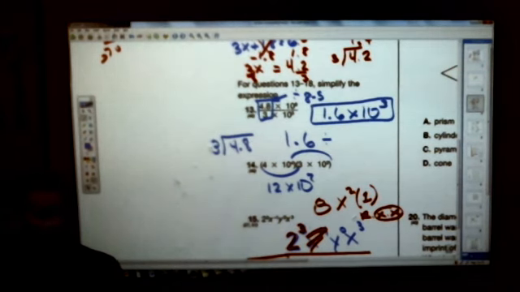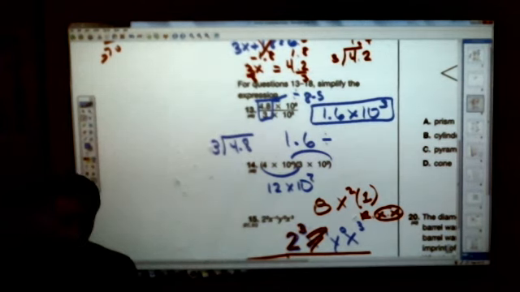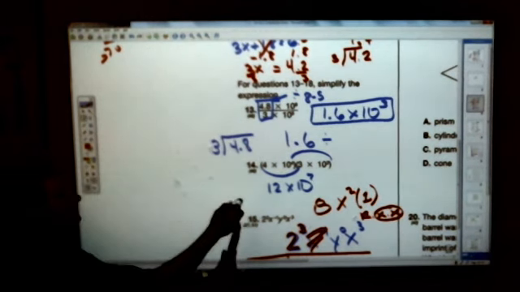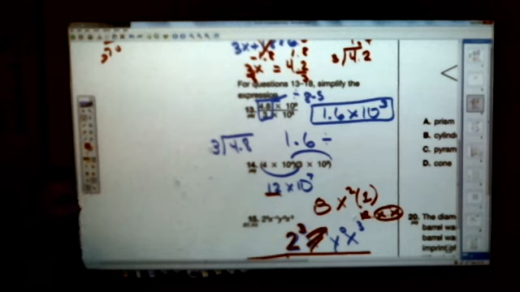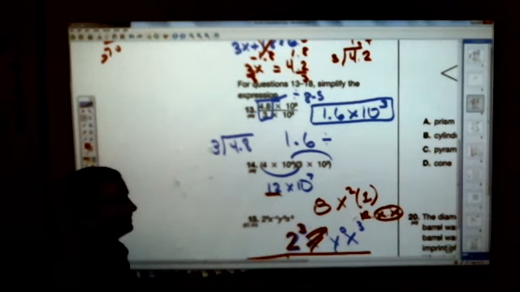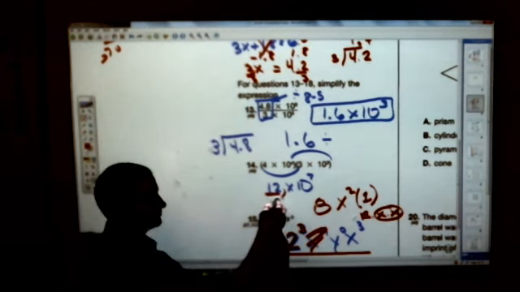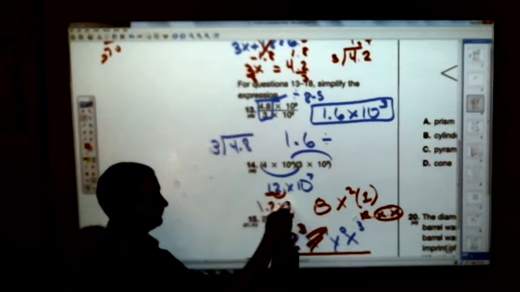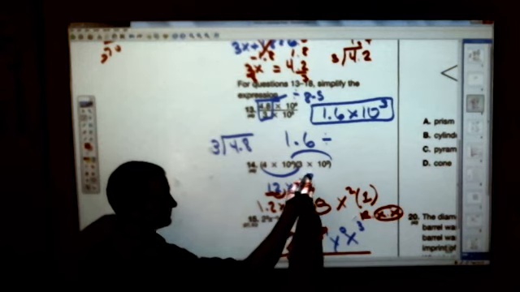Connor, why is 12 times 10 to the 7th not the correct answer? It has to be between 1 and 10, but then once you change it, you have to change the exponent. Right. You're not allowed to have a 12 because that answer has to be between 1 and 10. So you have to move the decimal one place there to get it to 1.2. But if you change where the decimal is, this exponent changes.